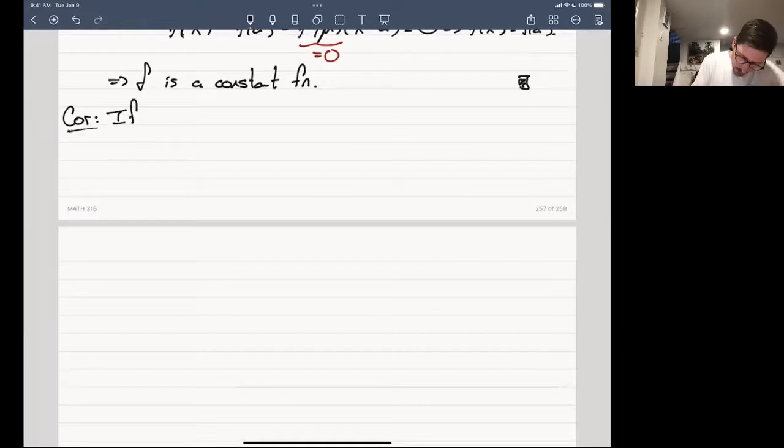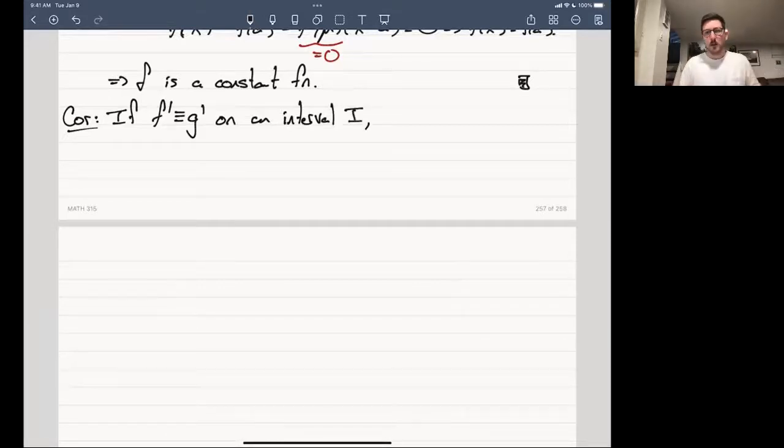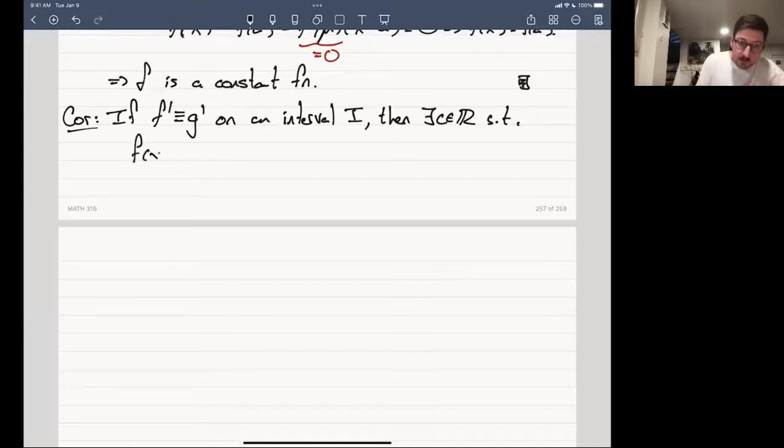If you have two functions, f and g, whose derivatives are equal everywhere on an interval, then there exists some constant c such that f of x is equal to g of x plus c.